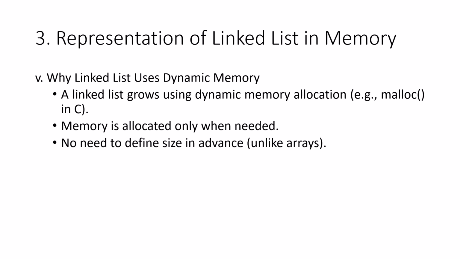This is different from arrays where we must decide the size in advance. With a linked list, we don't have to predefine the size. The list can grow whenever we want. This makes linked lists very flexible, especially when the amount of data keeps changing.